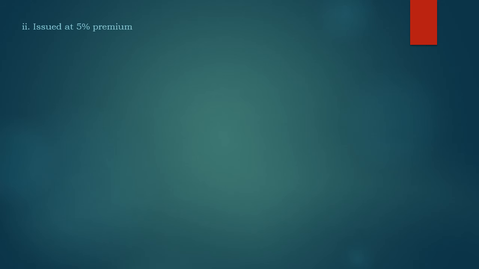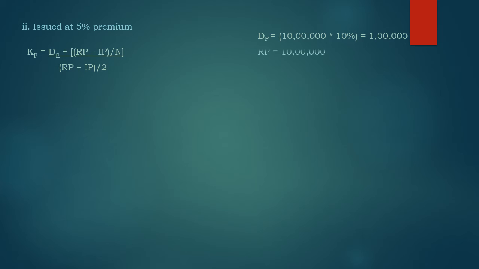Now I am calculating the cost of capital for 5% premium, means when it is issued at 5% premium. The formula will be same, and DP is also same at 1 lakh. RP is also same, which is 10 lakh. IP will be changed because now the redeemable preference share is issued at 5% premium, means at overvalued.